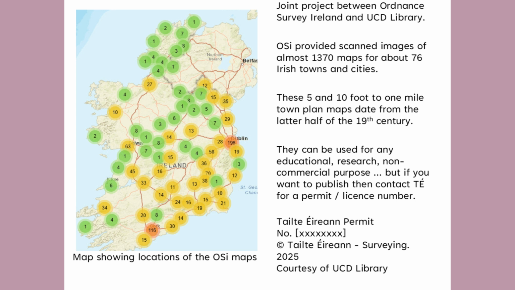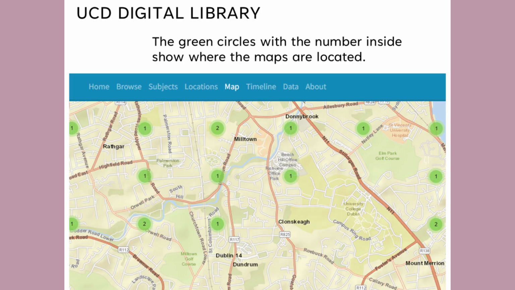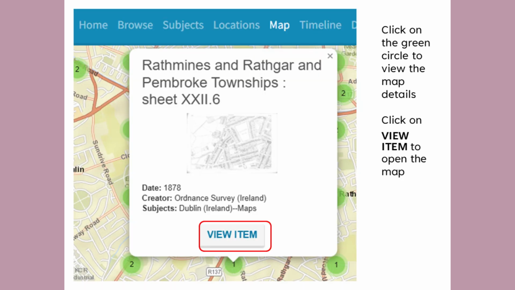When you zoom in quite close, they turn into green circles, and you can click on one of those green circles to bring up a page about the map in question.